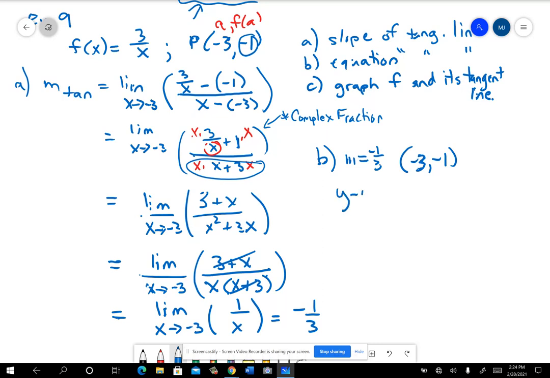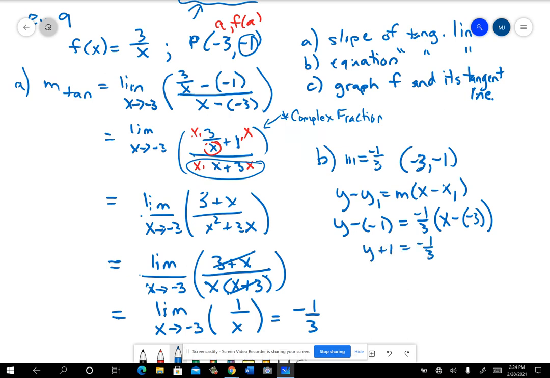And then we'll wind up writing the equation. So this is called the point slope form of a line. You've probably used it a lot. And if you know how to do equations of lines another way, that's fine. So we'd have y minus negative 1 equals negative 1/3 times x minus negative 3. So that's y plus 1 equals negative 1/3 times x plus 3.